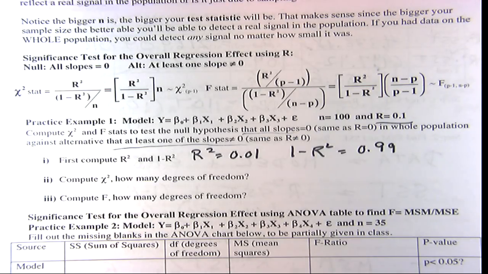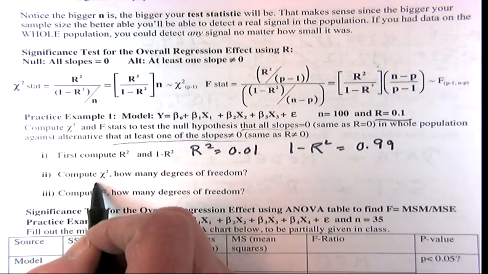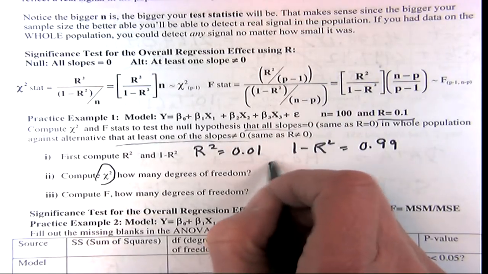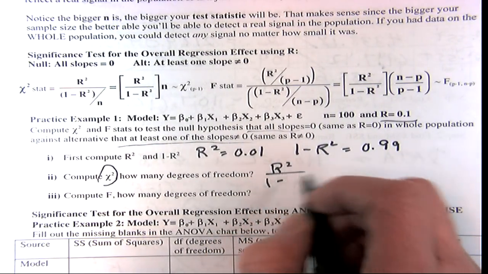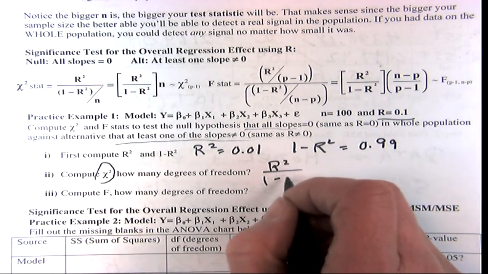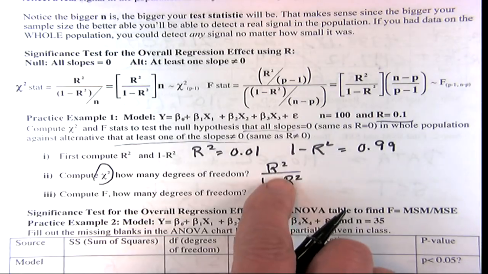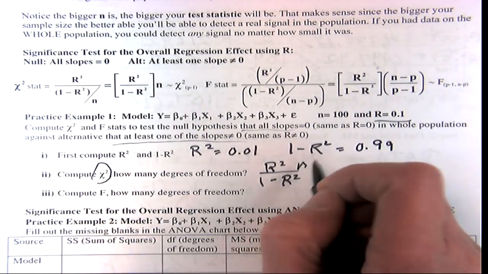So anyway, this R squared and 1 minus R squared. I think the easiest one to compute is the chi-squared. Remember, R squared measures the strength of the model. 1 minus R squared, oh thank you so much, 1 minus R squared measures the strength of the errors. So that's the core right there. And then for the chi-square, you just multiply that by your sample size.